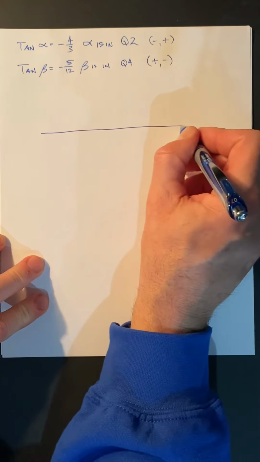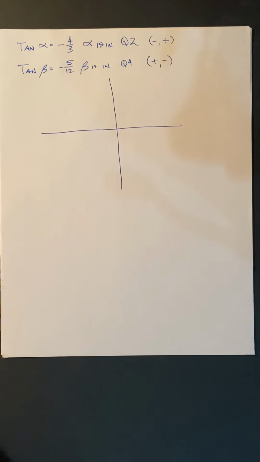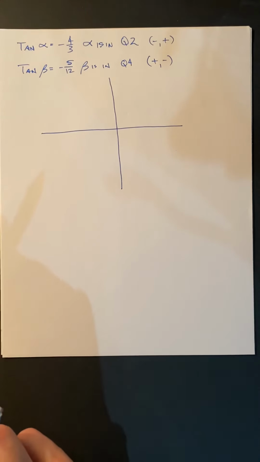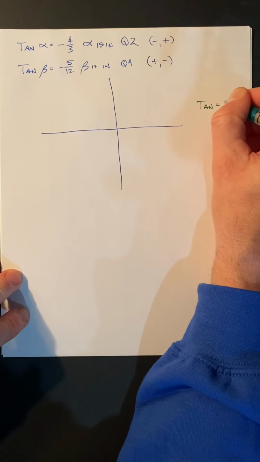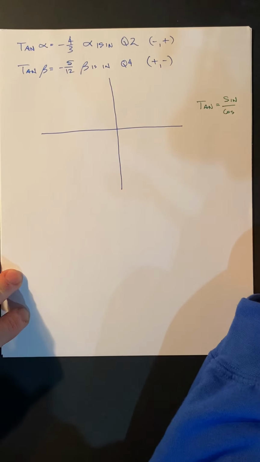So if I'm thinking about this, what do I really have, okay? So the tangent is 4/3. Well, remember, tangent is what? Sine over cosine, right?